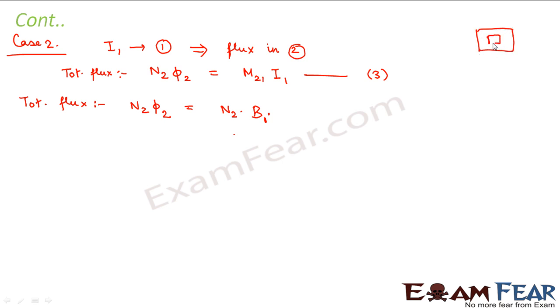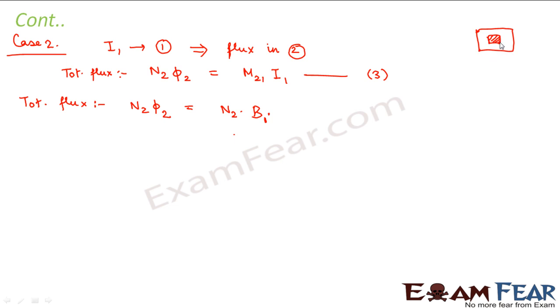This is my bigger coil, this is my smaller coil, right? In the previous case, the bigger coil was producing the magnetic field. In this case, the smaller coil is producing the magnetic field. So if I asked you what is the magnetic flux for the bigger coil, what is this?